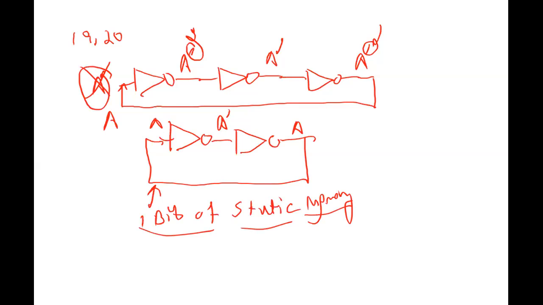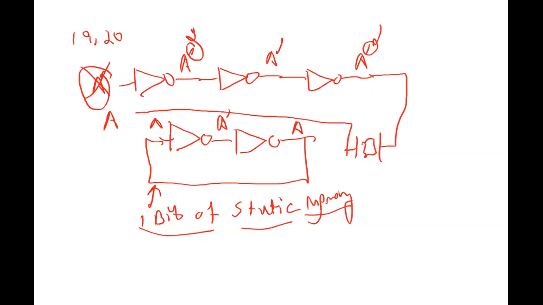Now, if you wanted to make a better clock, you probably would put in a crystal, symbolized in this way. And then you'd have the crystal resonate at the natural frequency of this circuit. And then you'd have a stable clock.